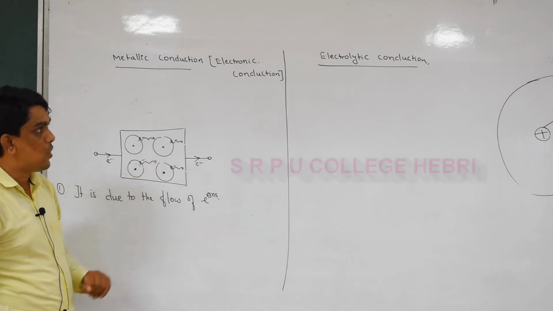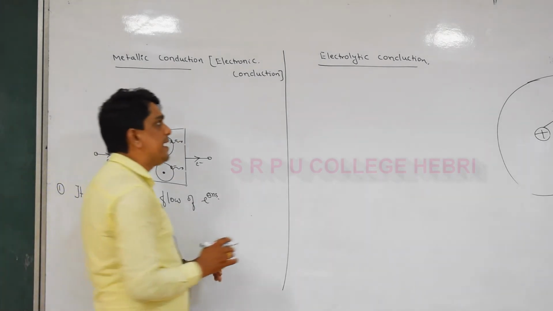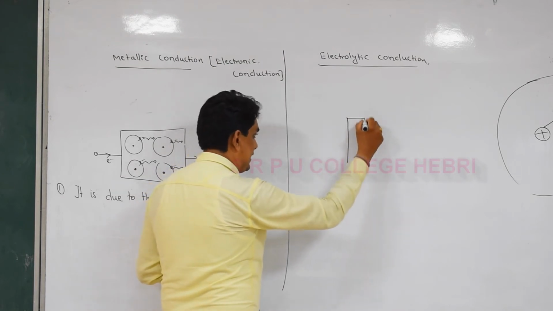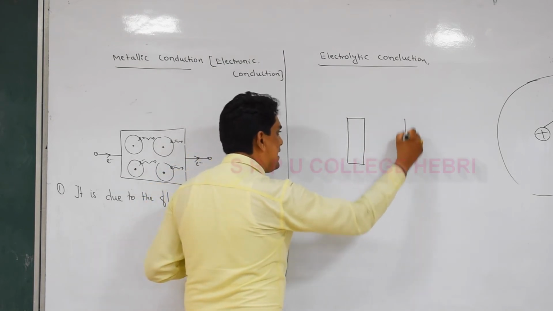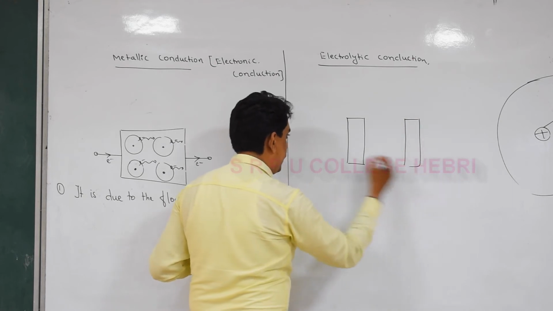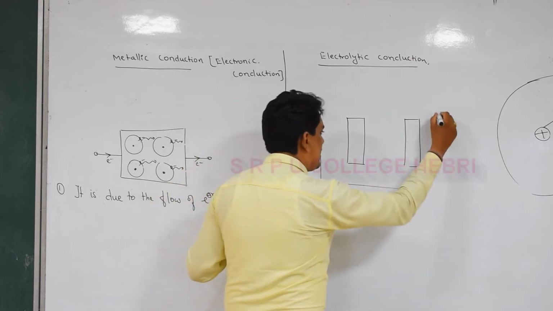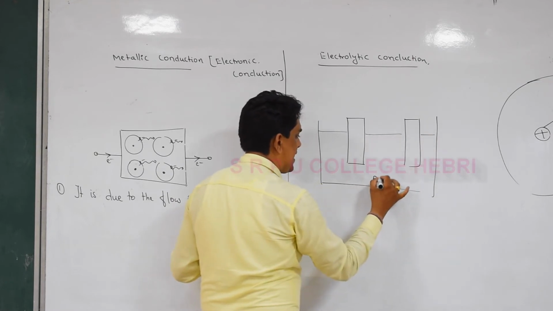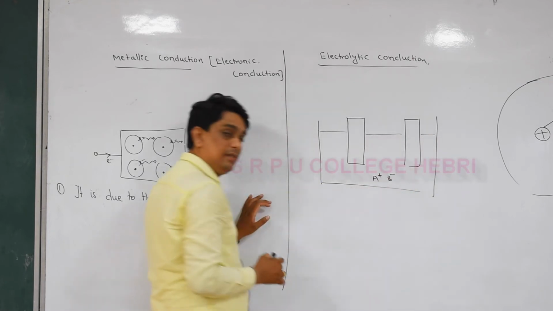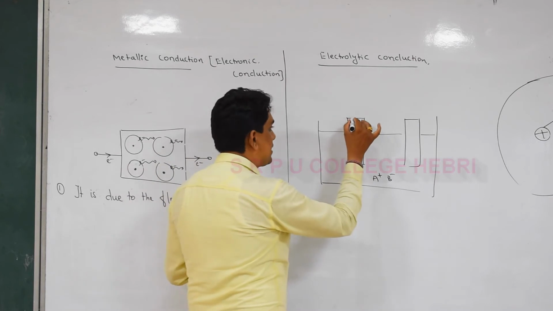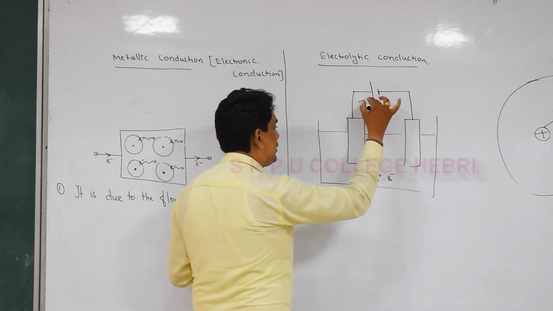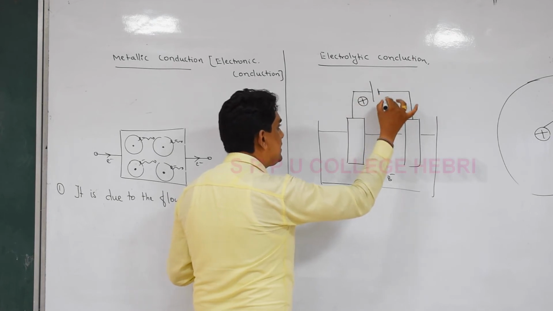Let me go to the next column, where we have electrolytic conduction. Let me show you the electrolytic cell, comprising electrodes dipped in electrolyte, for example AB electrolyte. Now I'm connecting these electrodes to the battery. This is the positive terminal of the battery and this is the negative terminal.